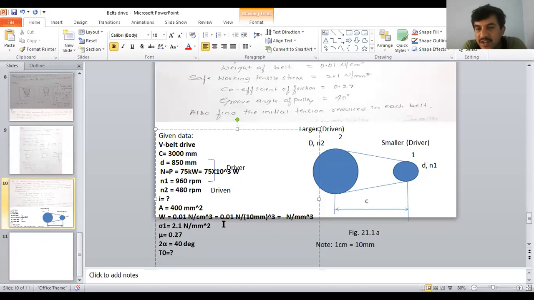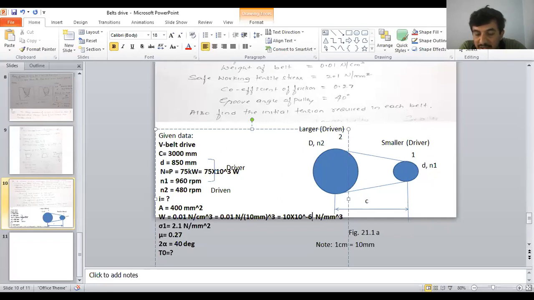Better to keep it as 10 raised to minus 6, that is 10 into 10 raised to power of minus 6. Am I right? 10 raised to power of 3 is nothing but 10 into 10 into 10.